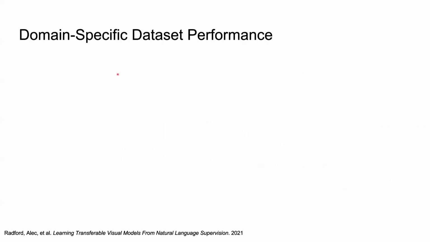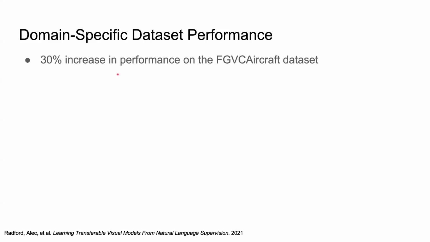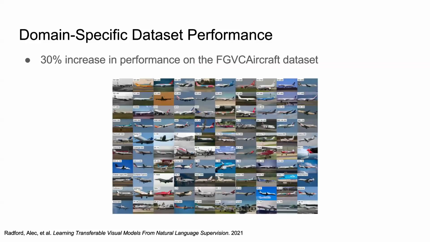So domain-specific data sets are the bane of CLIP, and FILIP is presenting a solution for that, or so they claim, with a 30% increase in performance, specifically on the FGVC Aircraft data set. They claim this is because they're matching patches with caption tokens, word tokens, rather than doing whole images with labels.